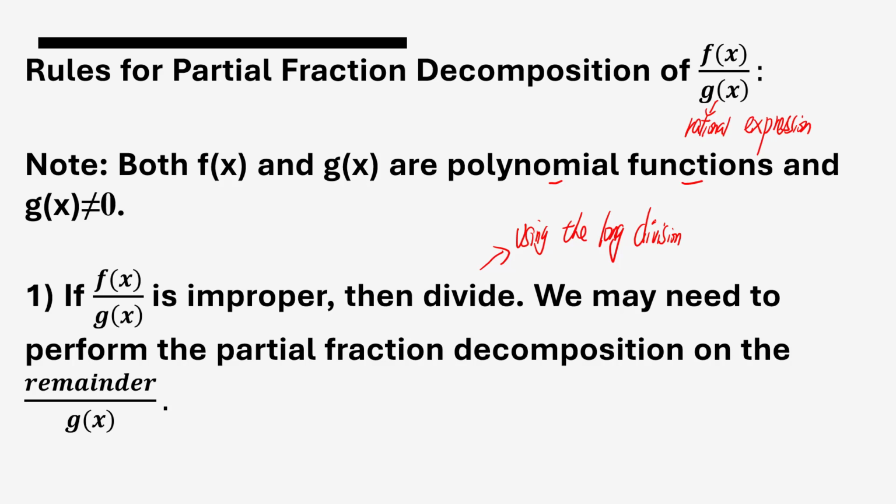If it is proper, we can move forward to the next step. If it's improper, we divide it first using long division, and after that, we perform a partial fraction decomposition on the remainder part, remainder over g of x. So this is the very first step.